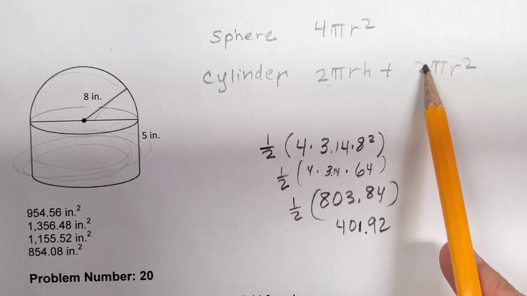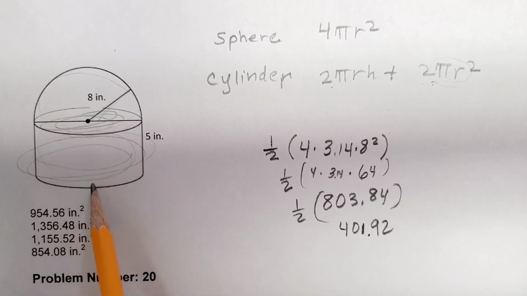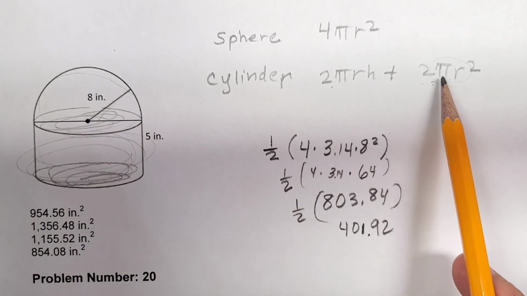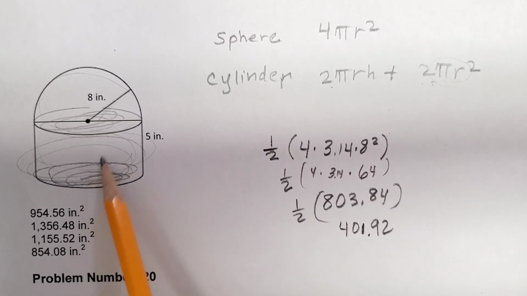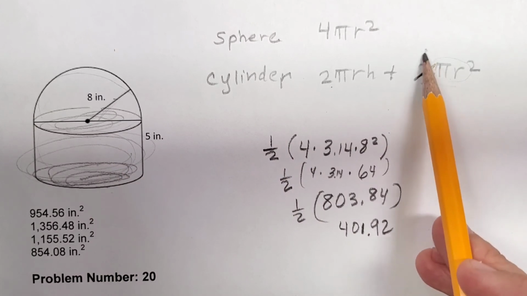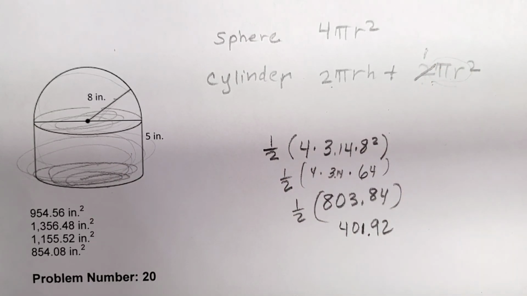Remember this? This is how you find a circle. Well, there's two circles here in a cylinder. This shape, because we put a hemisphere on top of the cylinder, we really only have one surface. The top circle is being covered by the hemisphere. So we need to cross this out and put a 1. That's how we're going to tweak that formula, okay?